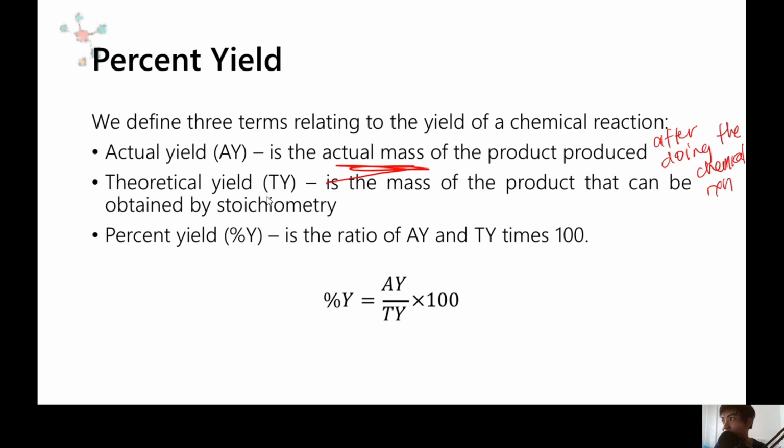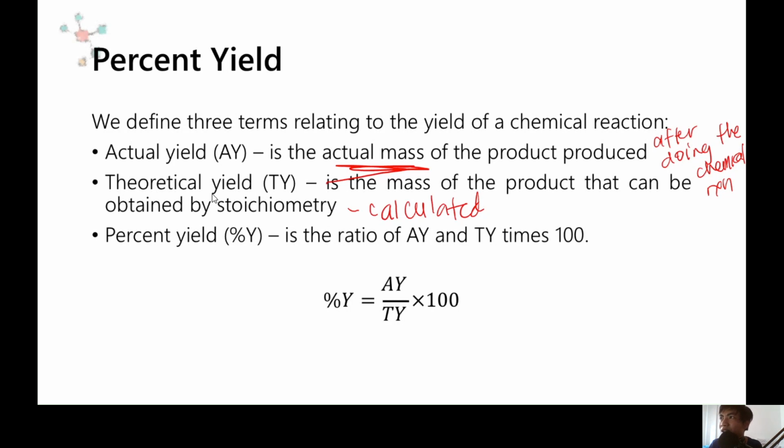Yung ating stoichiometry. So, the theoretical yield is the mass of the products that can be obtained by stoichiometry. Ito yung mga sinusolve natin kanina. Calculated yung mga yan, so yung amounts of products na nakuha natin kanina, that is the theoretical yield. Puro theoretical yield yung mga yon.